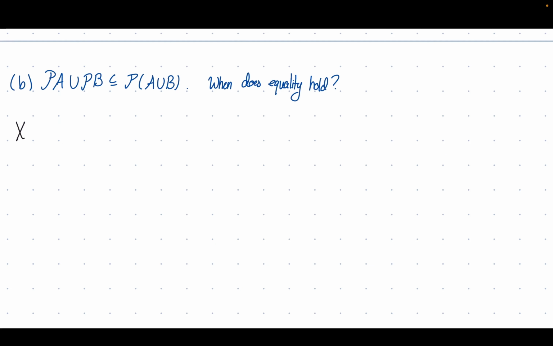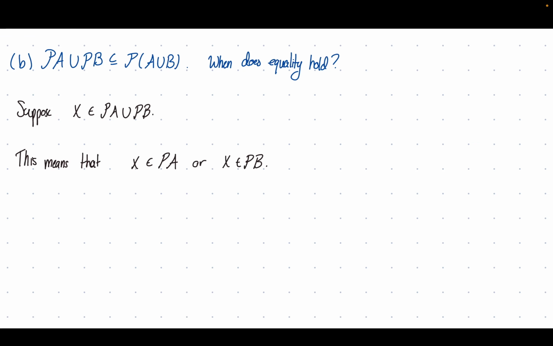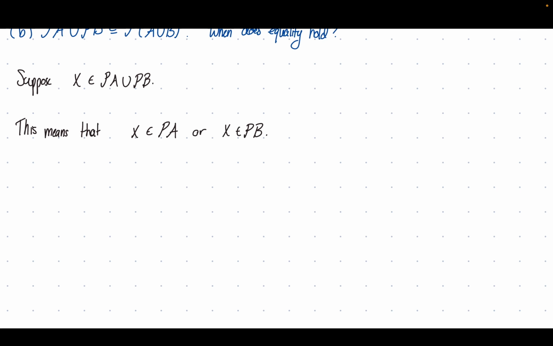So, again, let's just prove this. Suppose x is in power set of A union power set of B. This means that x is in either the power set of A or x is in the power set of B. What this tells us is that, sorry, I skipped a step.